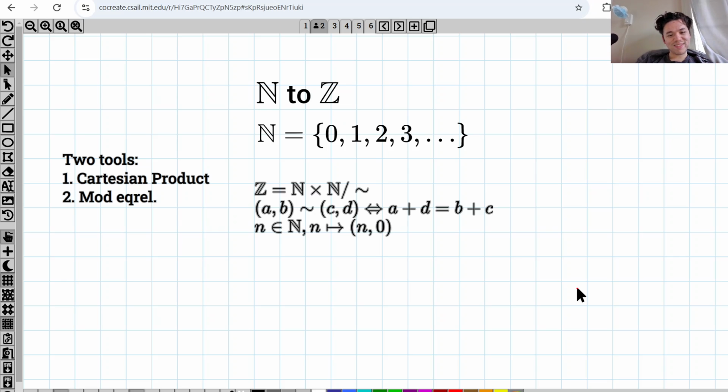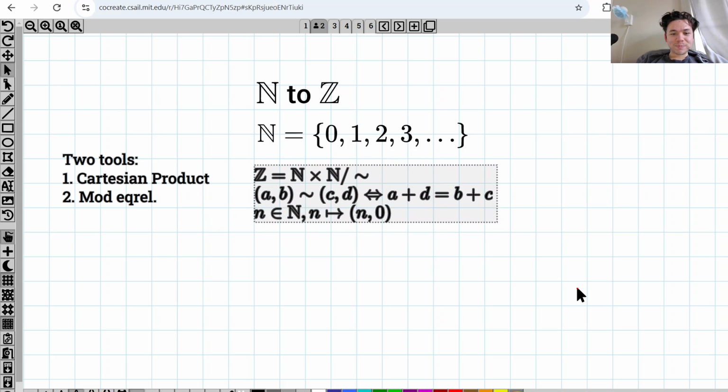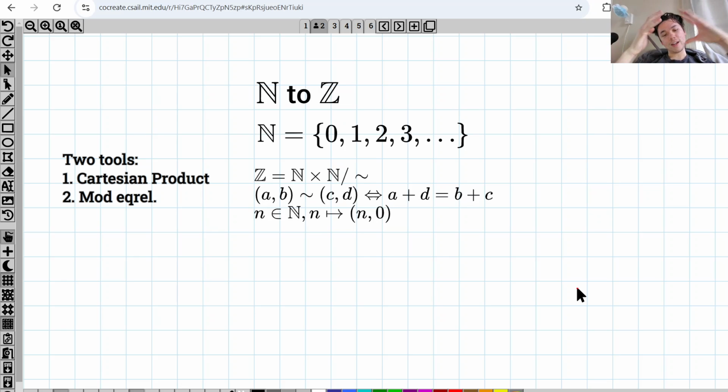I wrote 2 of the steps. Maybe I should have broken this up. But the first step we do is that we take the product of the natural numbers with itself, and that's adding a bunch of clay, and then we scrape out by this relationship: a comma b tilde c comma d if a plus d equals b plus c, and then for n in the natural numbers, n goes to n comma 0.